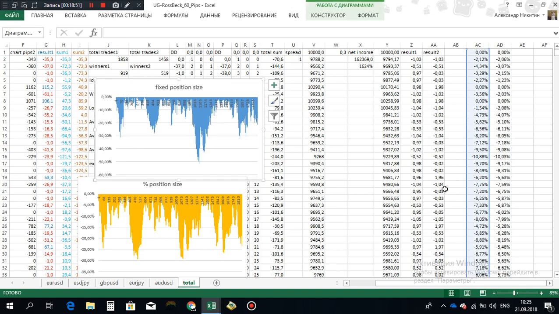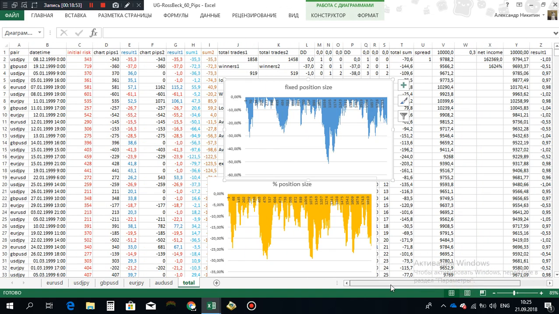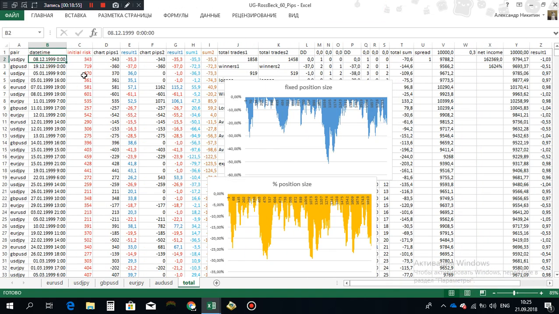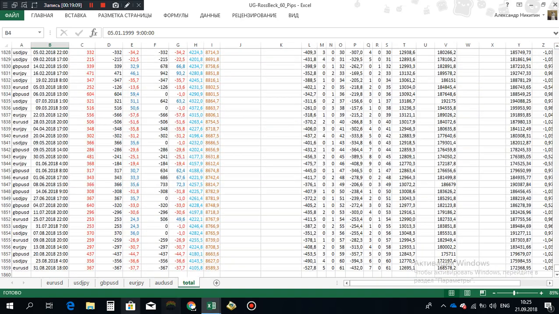And let us calculate the number of months we had. It was from January 1999, and we ended in August 2018. The last year only has 8 months.